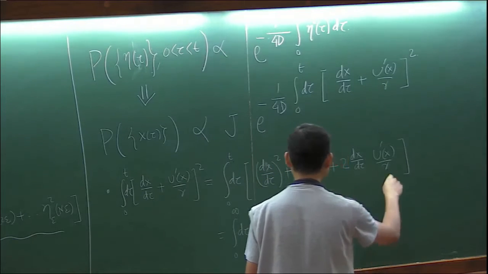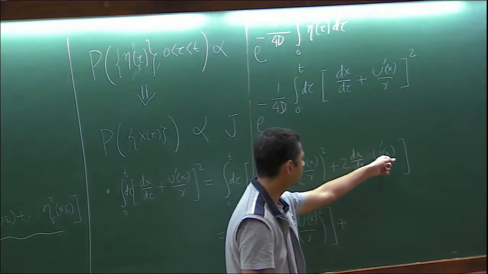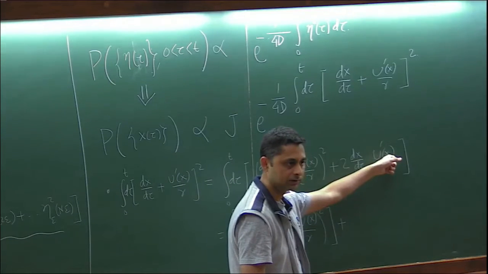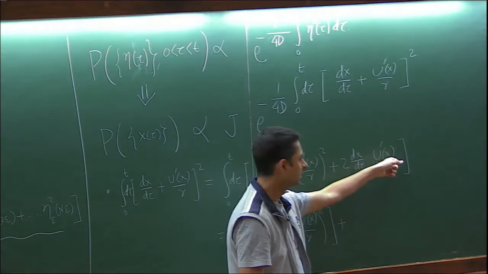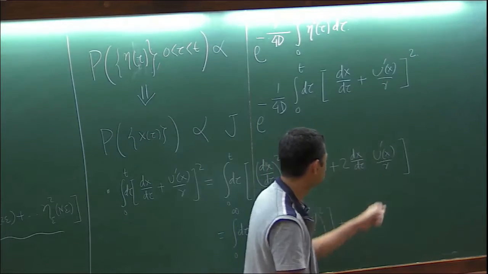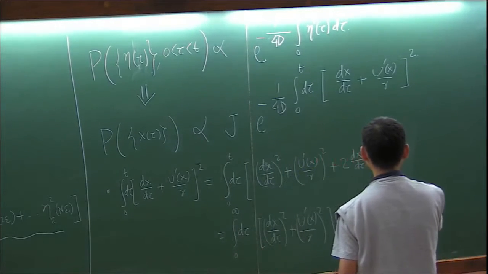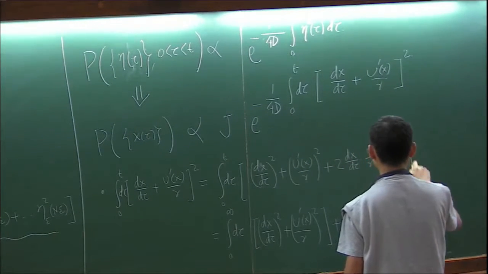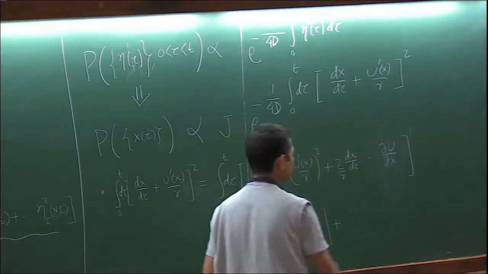So now let's look at this term, dx by d tau times u prime x. That's a derivative with respect to x. So this is 1 by gamma, du by dx, and let's just take gamma constant.